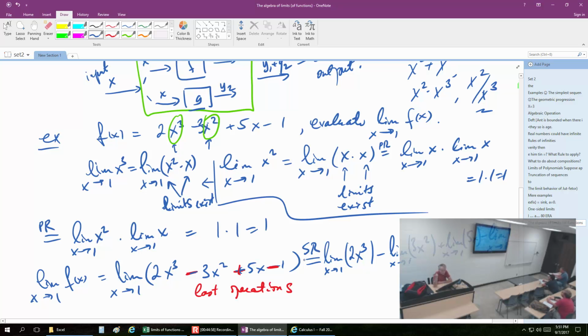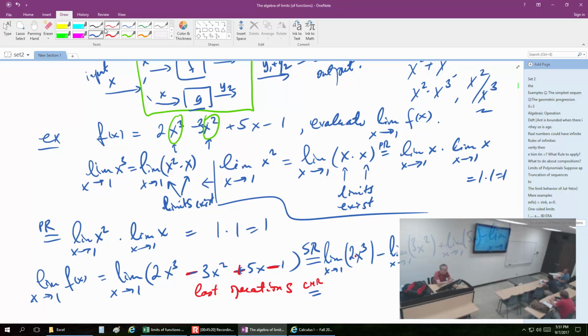Now, what's the next rule? I look at what is the last operation in each of these limits. So 2x cubed, what's the last operation? Multiplication, indeed, and not just any, it's multiplication by a constant. So we're applying the constant multiple rule.